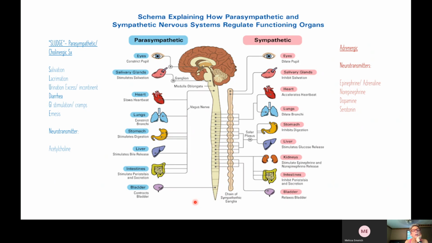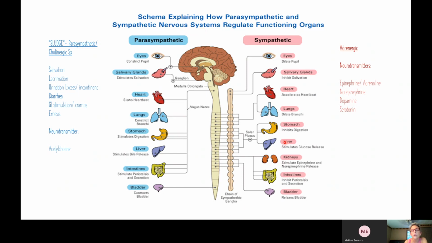Based on what we've talked about, if the parasympathetic nervous system is responsible for feeding and breathing, and needs to be stimulated for that to happen, and is basically the opposite of the sympathetic nervous system, is it surprising to learn that we struggle with GI issues when we're under a lot of stress?